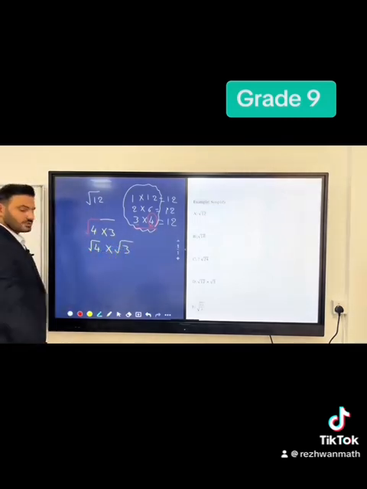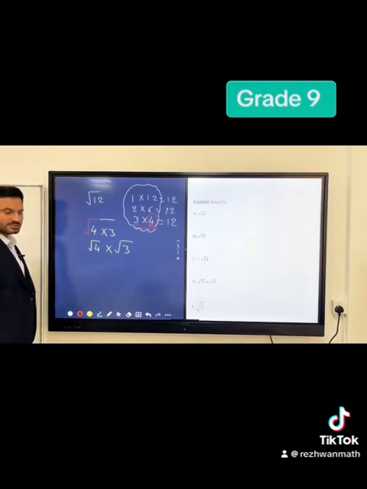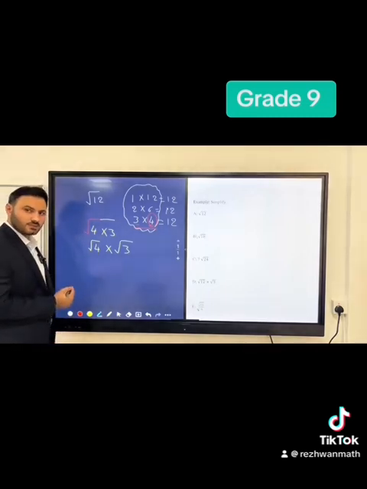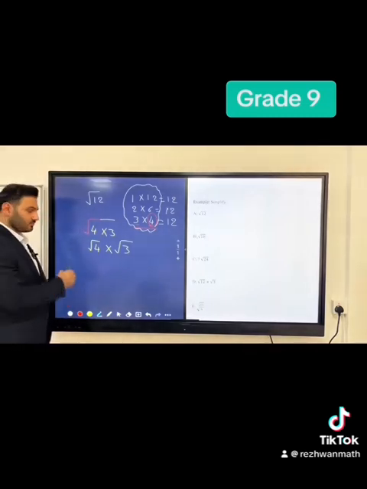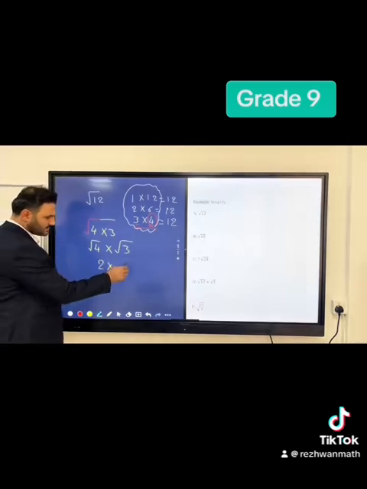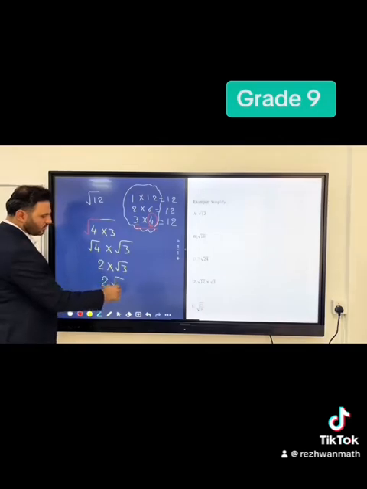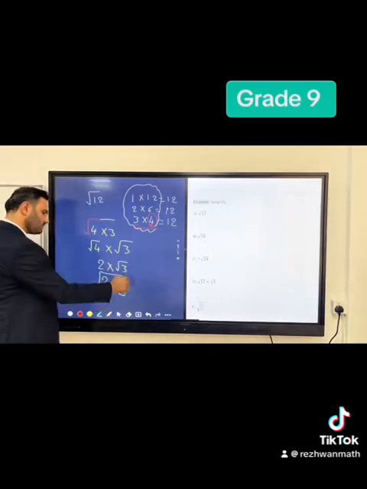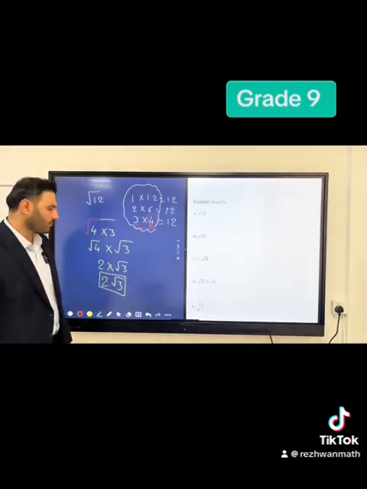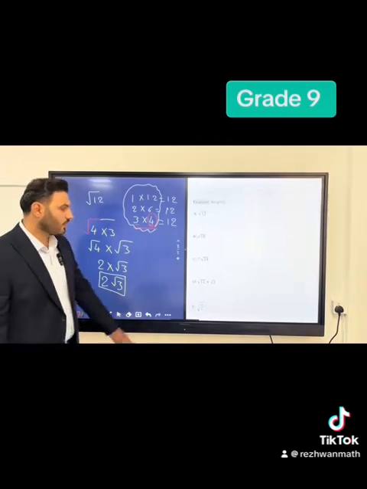We have the square root of 4 times the square root of 3. Because 4 is a perfect square, we can directly get the square root of 4. The square root of 4 is 2. 2 times the square root of 3. Okay, 2 times the square root of 3, we can write 2 root 3. It's the simplest form of the square root of 12.